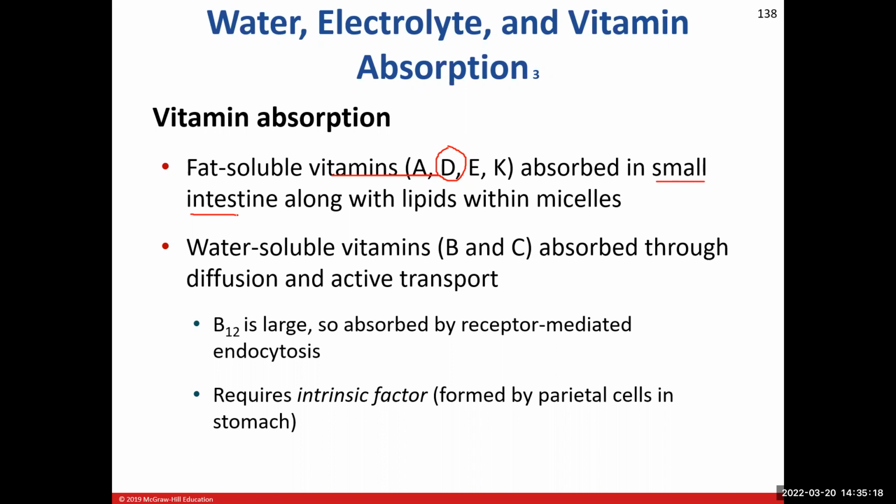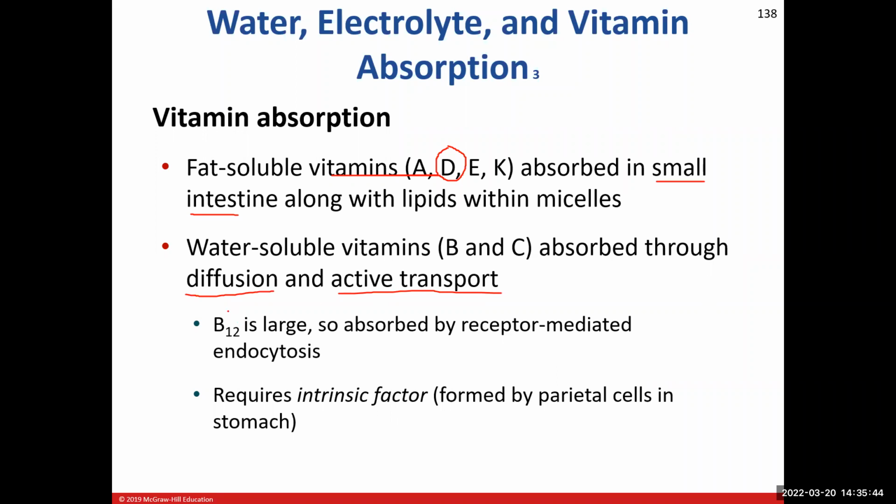Our water-soluble vitamins, B and C, those don't have to work through micelles because fat-soluble vitamins need assistance, or anything that's fat soluble will need assistance with absorption. But our water soluble will actually diffuse across the plasma membrane, or in some cases, we'll see active transport.